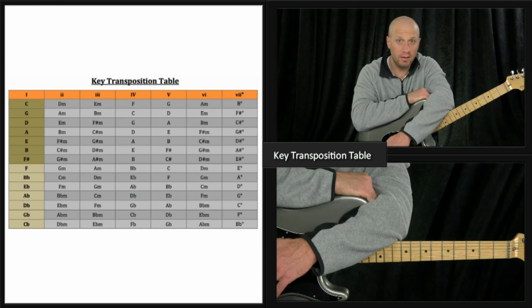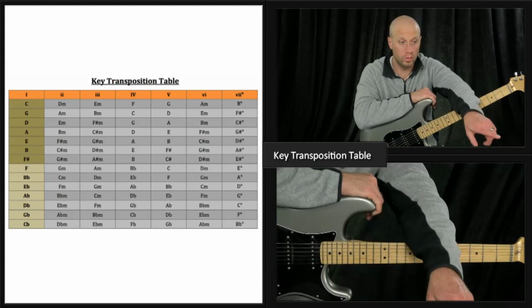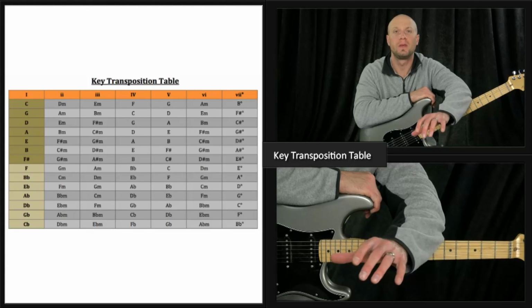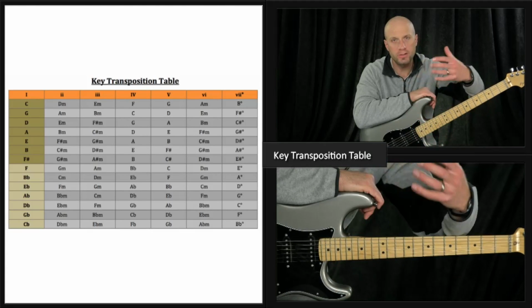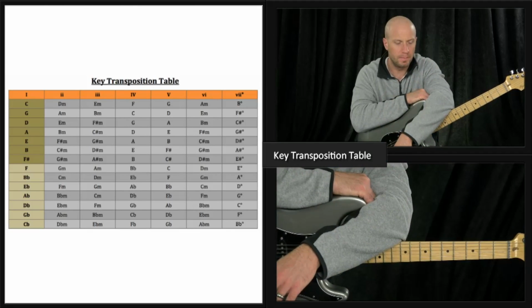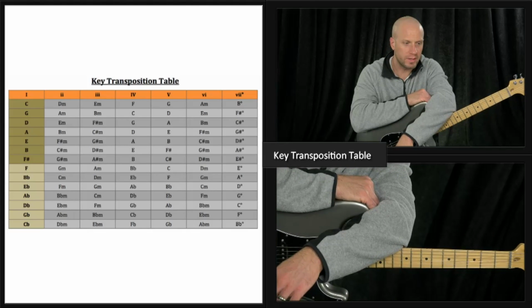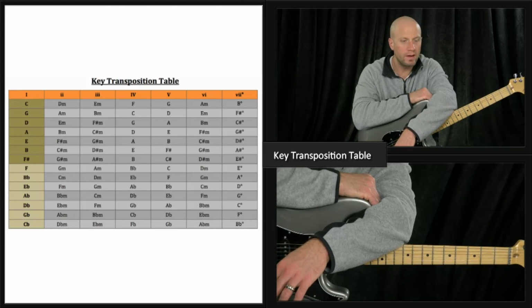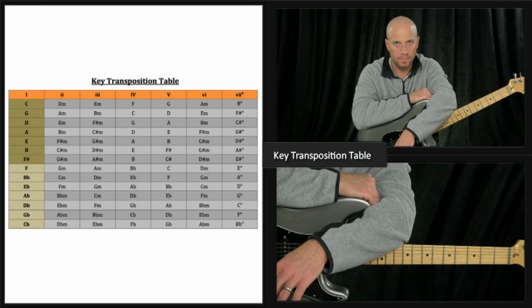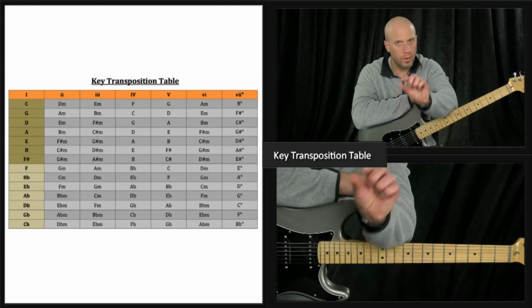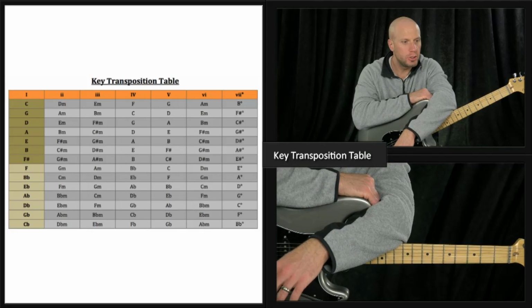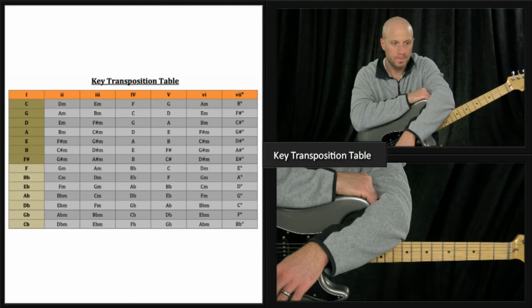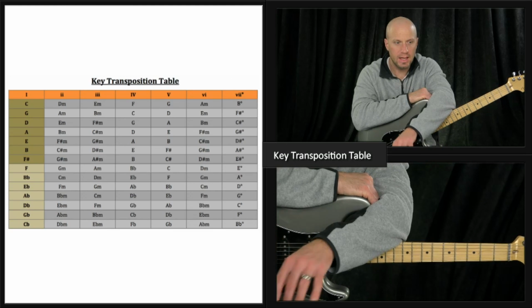D Dorian's parent key is C because the 1 chord where we're placing it is the major scale that D Dorian is derived from. If we want to play a 1, 4, 5 chord progression in Dorian, we have to look at it, for a moment, as 2, 5, 6 from the key of C and shift it.